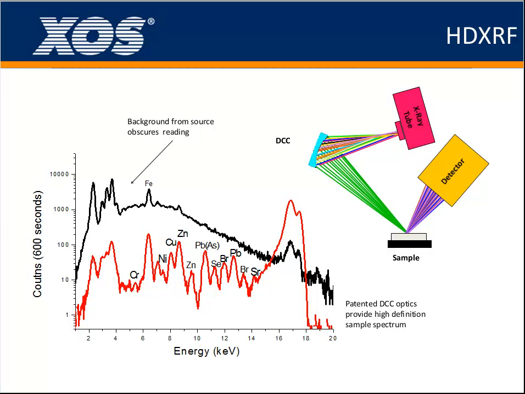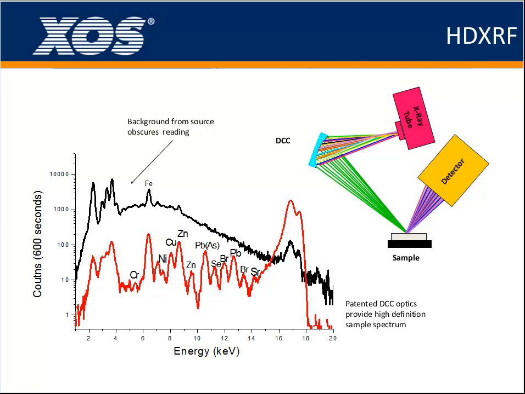But with the help of the DCC crystal, we can collect and focus most of the energy on a very small point on the sample, so we can increase the X-ray excitation efficiency. And both of these two functions of the DCC crystal give a very high sensitivity to ppm and sub-ppm level elements.